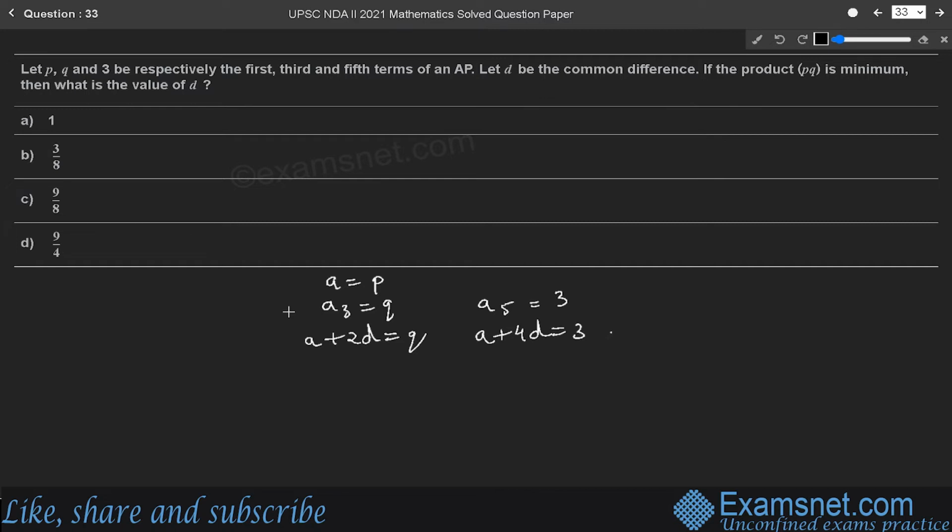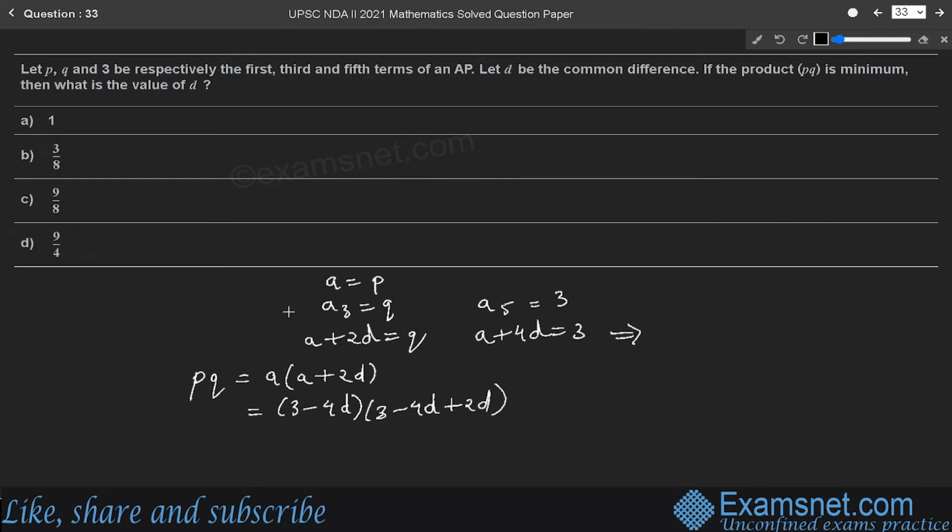Now, in order to find PQ, PQ will be equal to P into Q. P is a and Q is a plus 2D. It can also be written as (3 minus 4D) into (3 minus 4D plus 2D). We have taken the value from here.